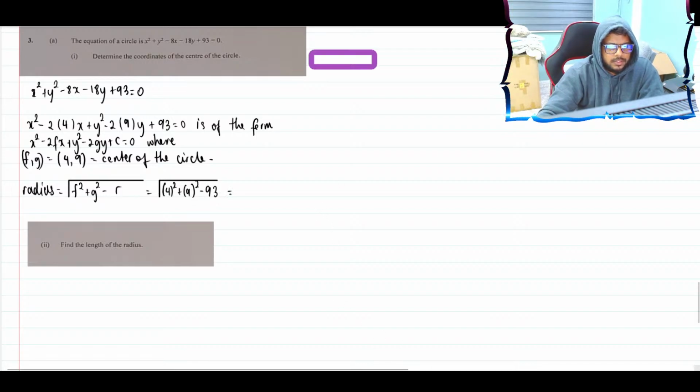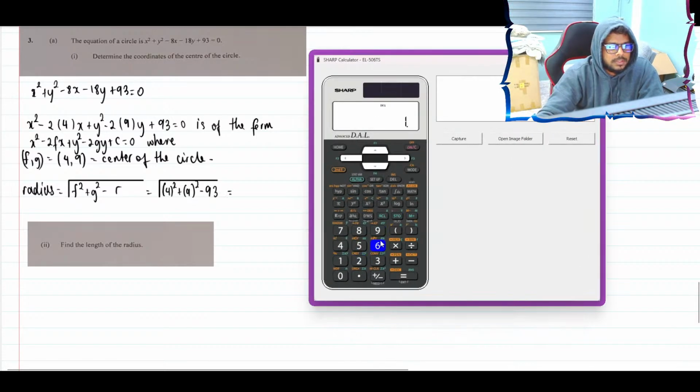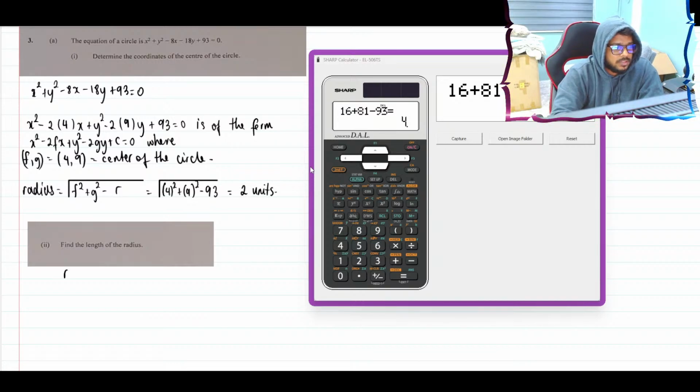Jump on my calculator. 16 plus 81, take away 93 is 4. Square root of 4, which is 2 units. Radius r is 2 units.